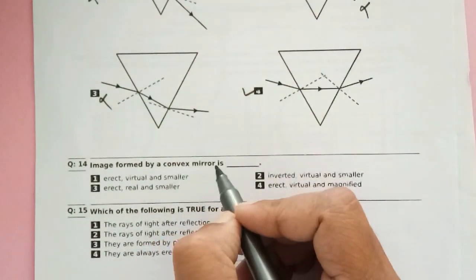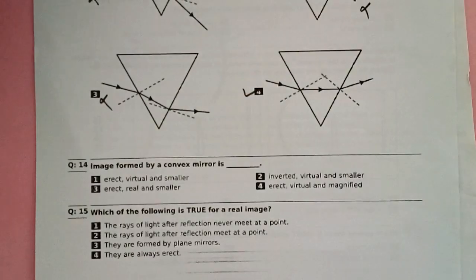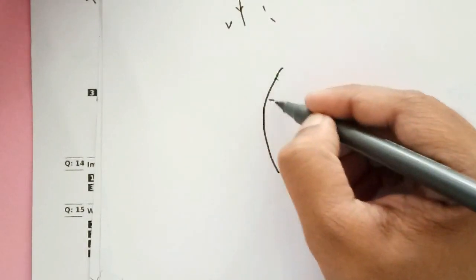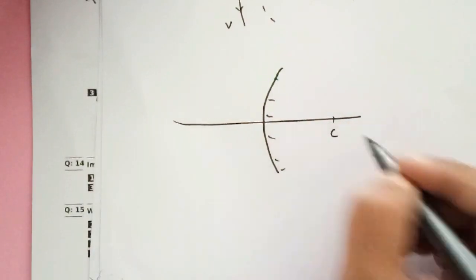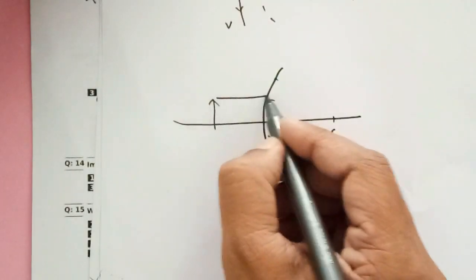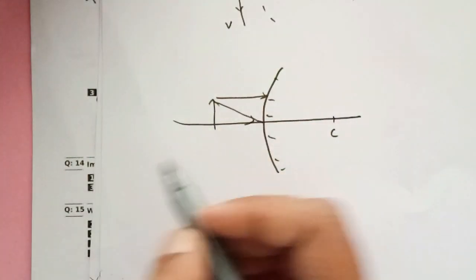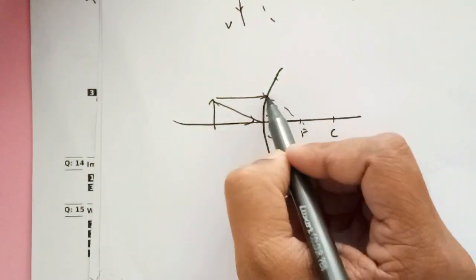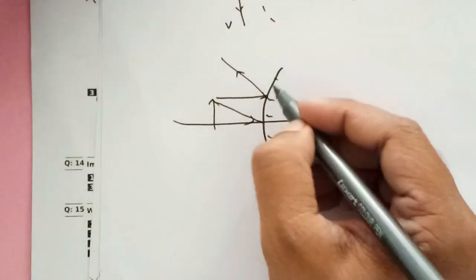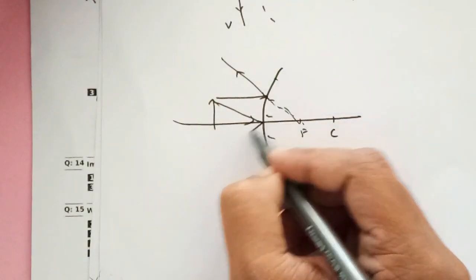Image formed by convex mirror. We always know that the image formed by a convex mirror is always virtual. First ray, second ray. Now this is the focus, so it goes in such a way that it passes through the focus and goes like this.